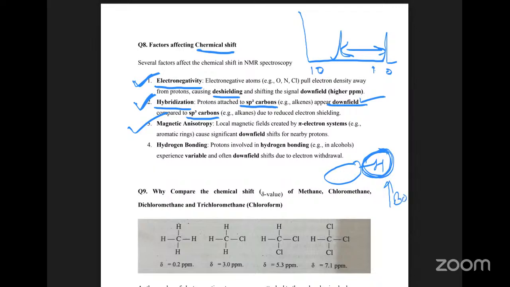If there is any pi system nearby, this pi system also has the ability to produce a field, and this field pushes the proton in the same direction as the applied magnetic field. Again the same example: you are riding a cycle and there is wind in the same direction, and there is a friend who is also pushing physically.